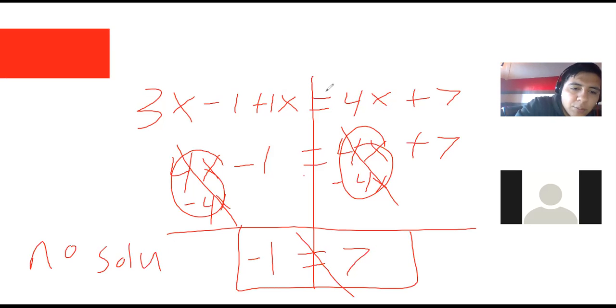That's the way you would prove something is no solution, because we've been doing it in the calculator. Basically, what happened here is that both of our x's canceled out, so we were left with just constants. We only had -1 and 7, so we were left with no solution. I think there is one or two in the homework that are no solution, so I want you guys to prove it and see why it is no solution.